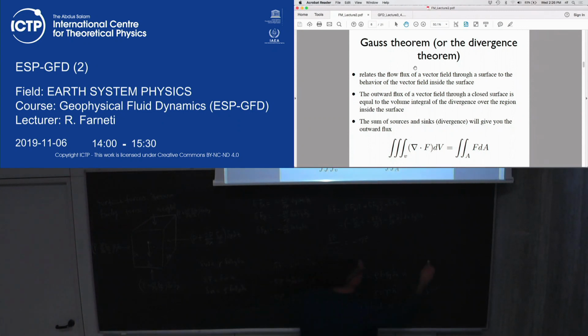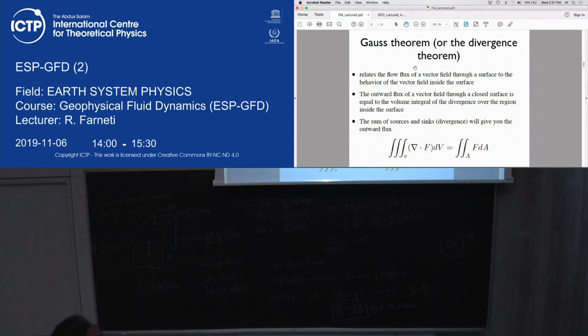If this is my surface, which is a closed surface, I have my divergence of F inside the closed surface, and that would be equal to the outward flux of my vector field. Basically, if there is a divergence of the vector field, that will have to go through the boundary.